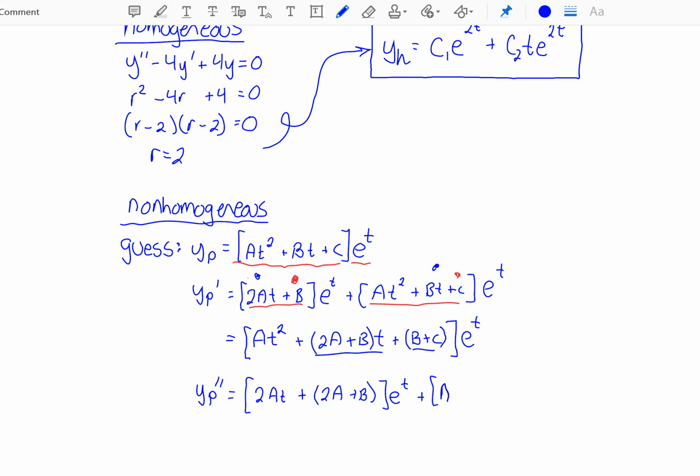I'm going to write the first in there now just so I can keep the order the same. And now the derivative of e to the t is e to the t.